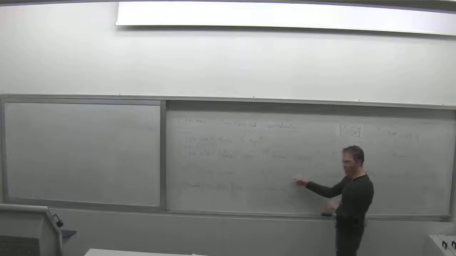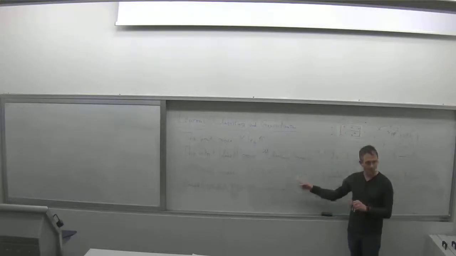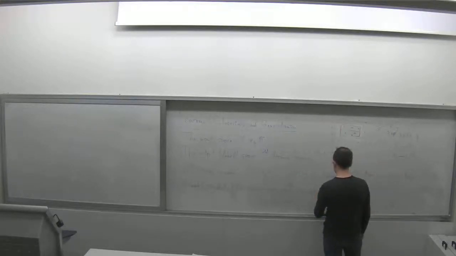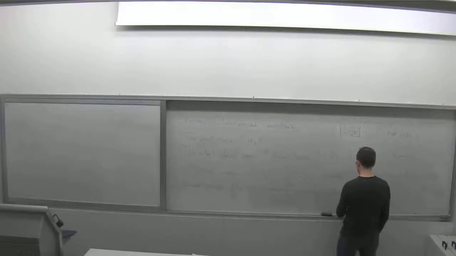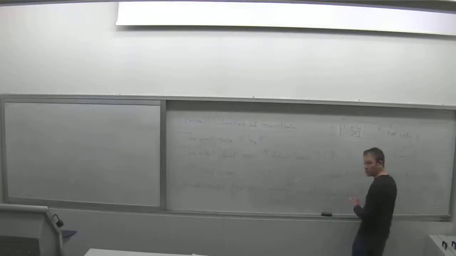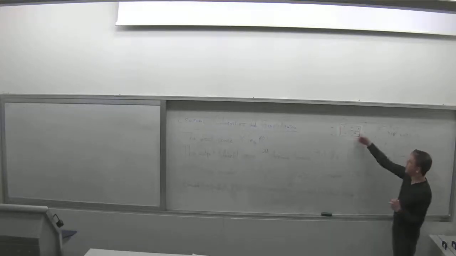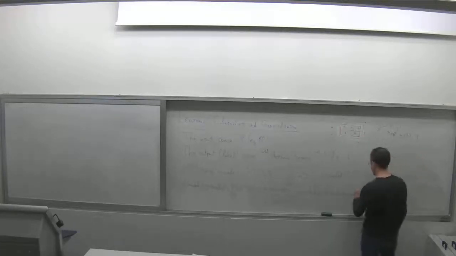So this gives us xi, alright? And labels it using what? Using the red rectangle, okay?